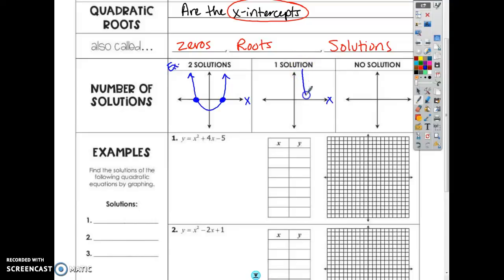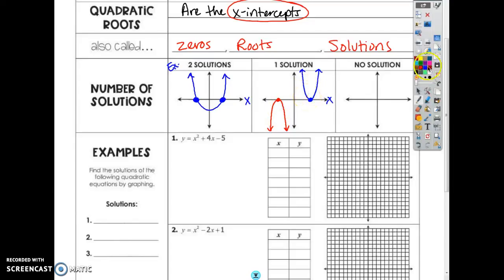So, for example, something like this, where it only touches 1 time, that is 1 solution. Okay? You can have another one that opens downward, same thing. As long as it only touches it 1 time, it has 1 solution. So these are just examples. These are 2 different examples. They're not the same thing.